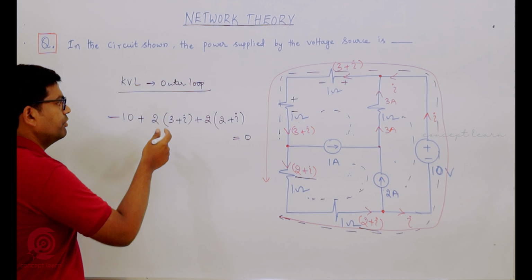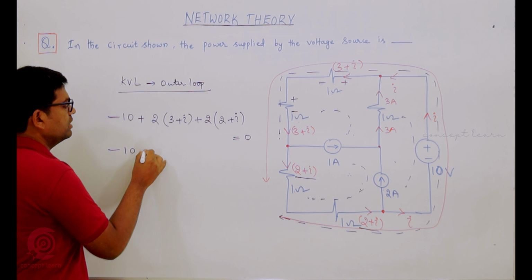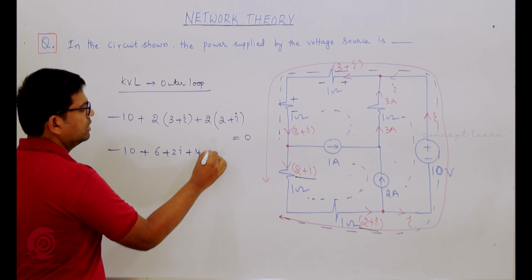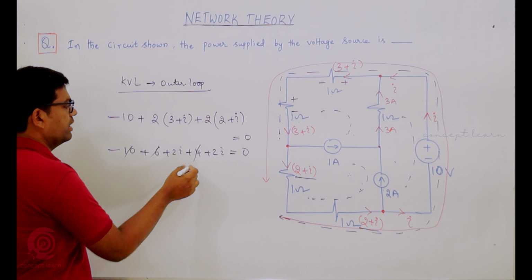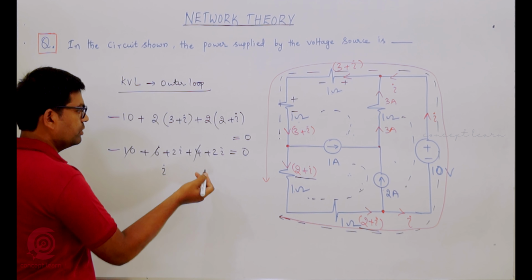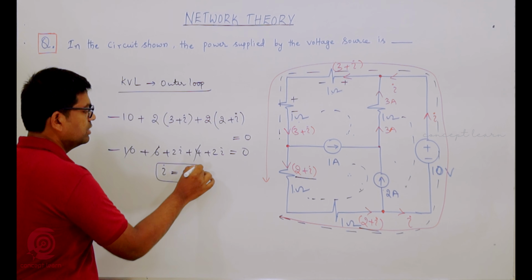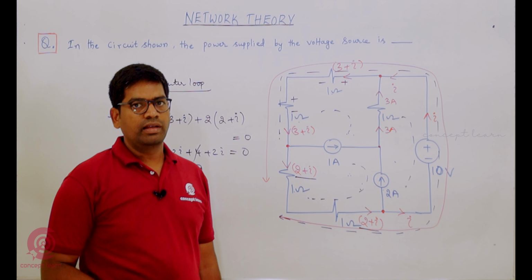Now, to find the value of I: minus 10, expand this, 6 plus 2I, plus 4 plus 2I equals 0. So 6 plus 4 is 10, which cancels the minus 10. 4I is equal to 0, or I is equal to 0 amperes, meaning no current is flowing through this 10 volt source.